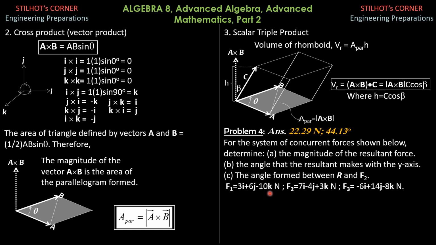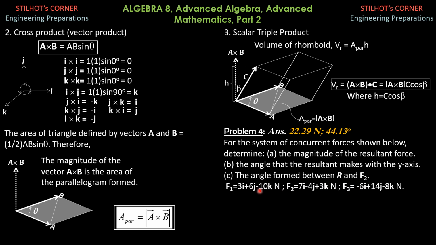And we have to obtain the resultant as the sum of these forces. So F1 plus F2 plus F3. We simply add corresponding components. 3i plus 7i minus 6i is 10 minus 6, 4i.